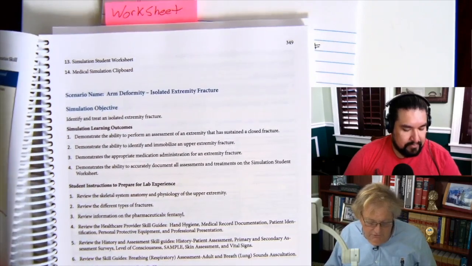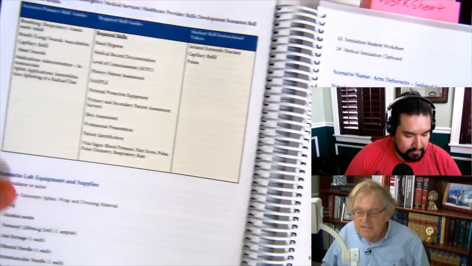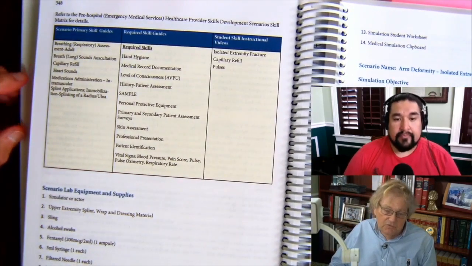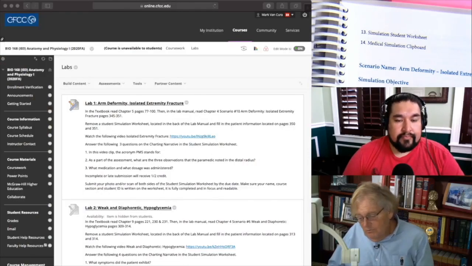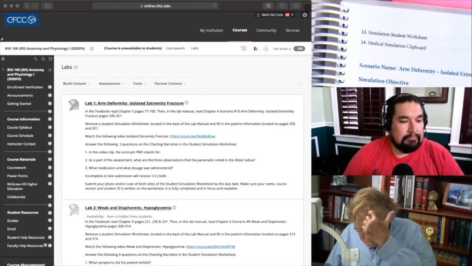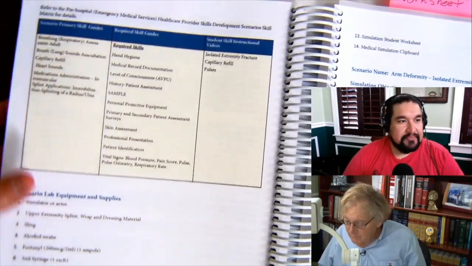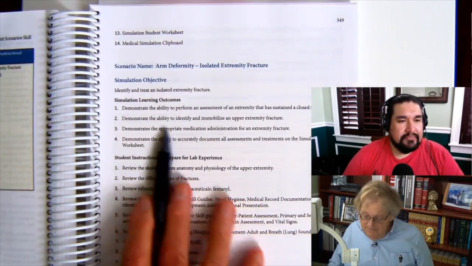And then as you go along, you'll see what we did is we took the simulations using the medical simulators and we did actual videos of those scenarios and simulations. You'll go through all of that and you'll see that it's going to tell you what you're going to be doing, what you're going to be watching, and then it's going to talk about the various learning outcomes.